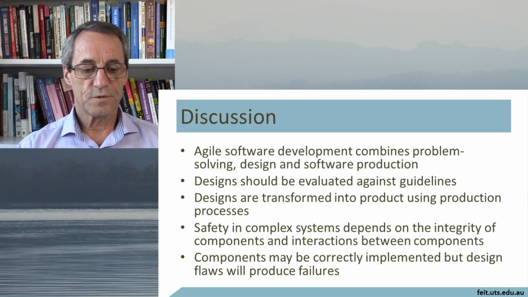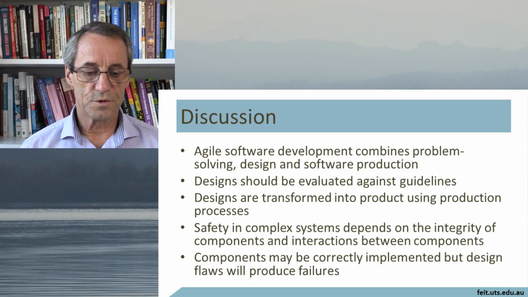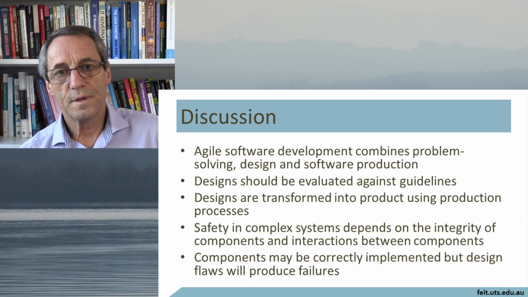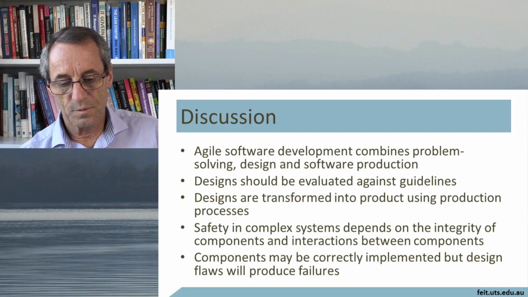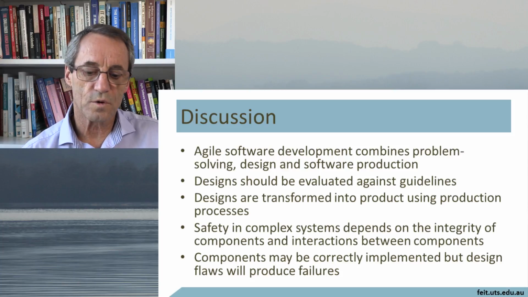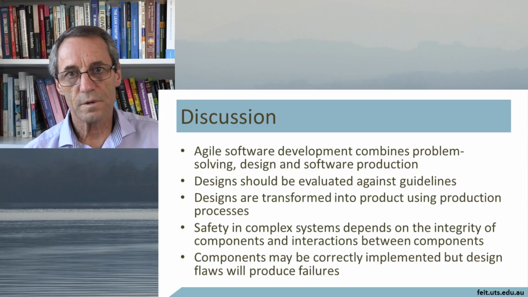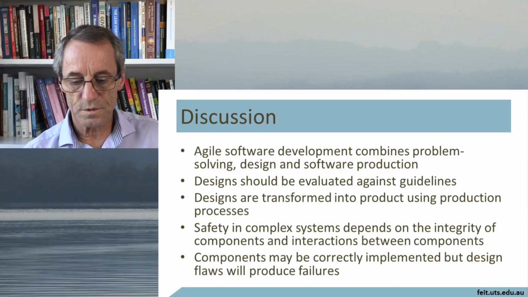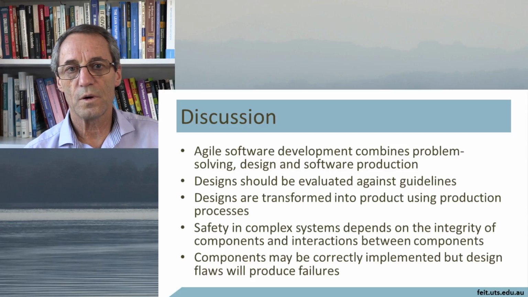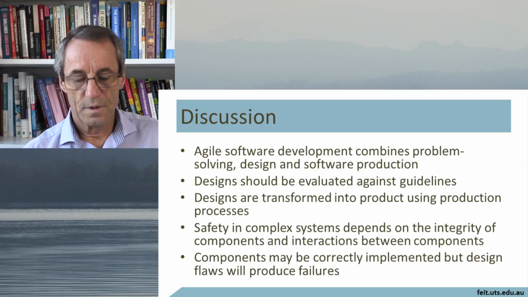Designs are then transformed into a product using production processes. Now, safety in complex systems depends on the integrity of the components and the interactions between the components. So the components may be correct and function correctly, but design flaws could produce failures. And we know that's generally true.